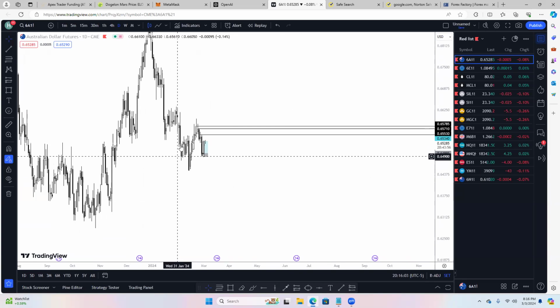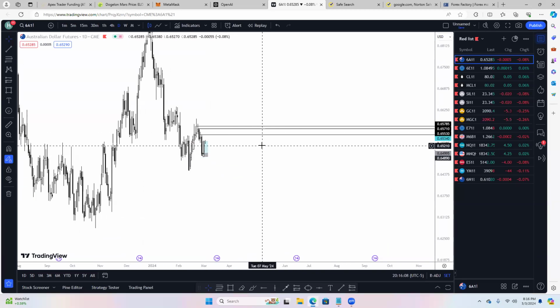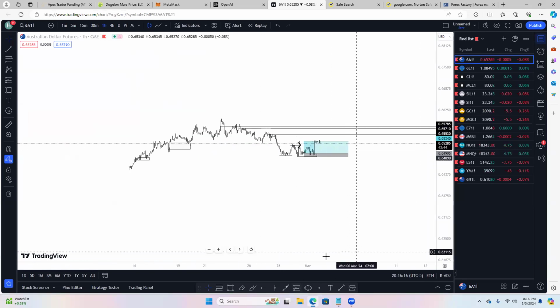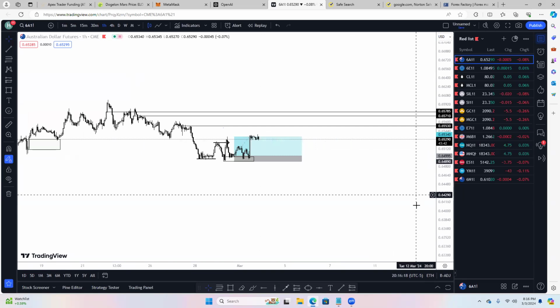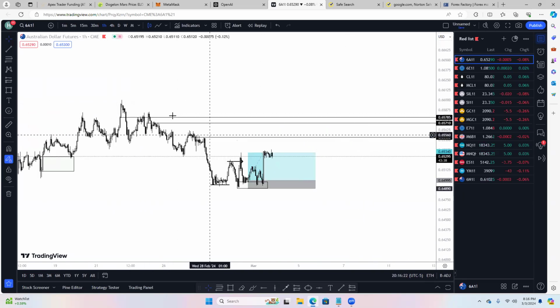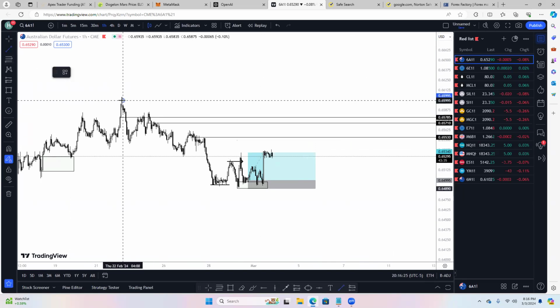This is in a few weeks, so I'm expecting to take out this liquidity in that range. You expect to take out liquidity into an uptrend? Yes, take all of this out.